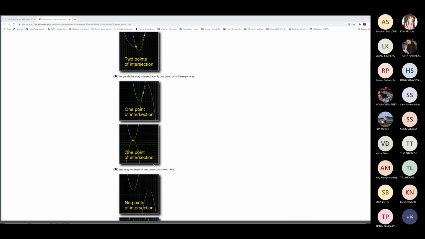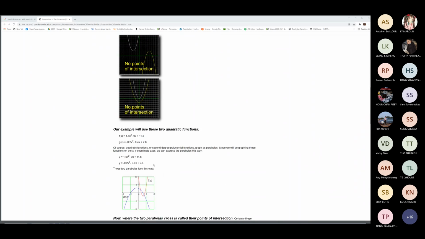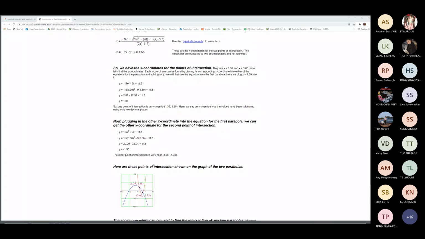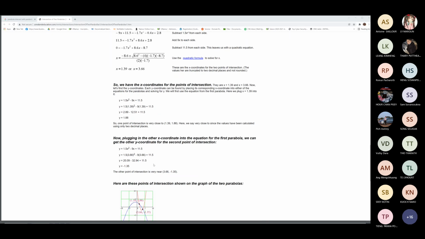But in this case, they show you only 2 or 3 cases. They do not show you all. For example, in the case that I showed you, we have 4 solutions.